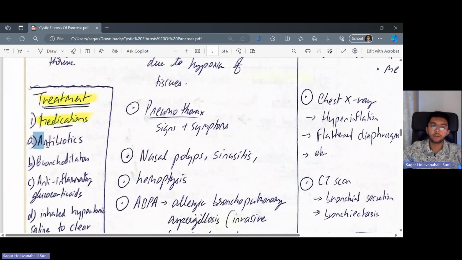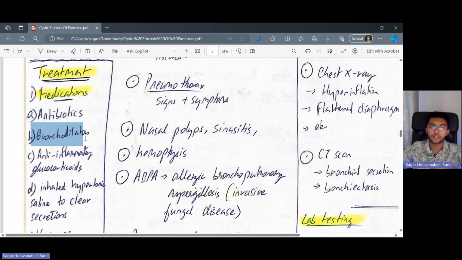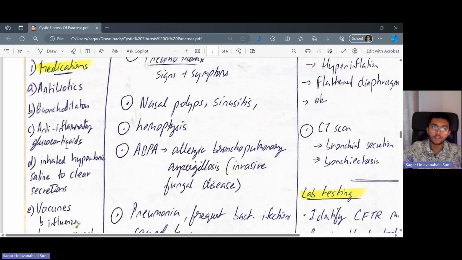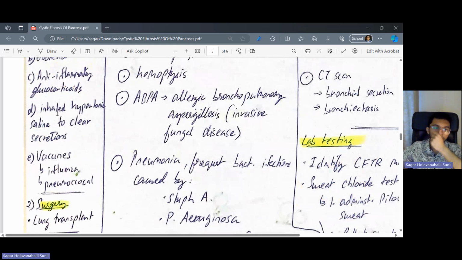So typically antibiotics to take care of infections, bronchodilators to help you breathe, anti-inflammatories such as glucocorticoids and other steroids to suppress the inflammation. You can also inhale hypertonic saline to clear out the secretions because they act as mucolytics.